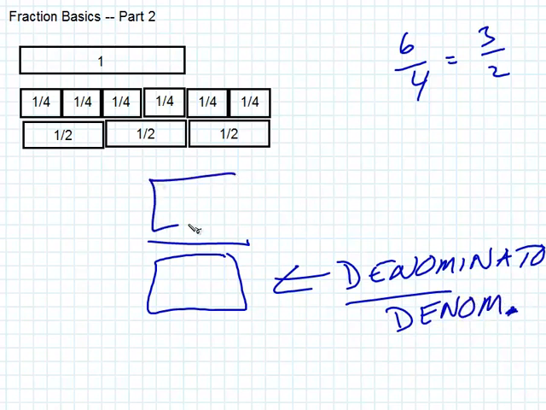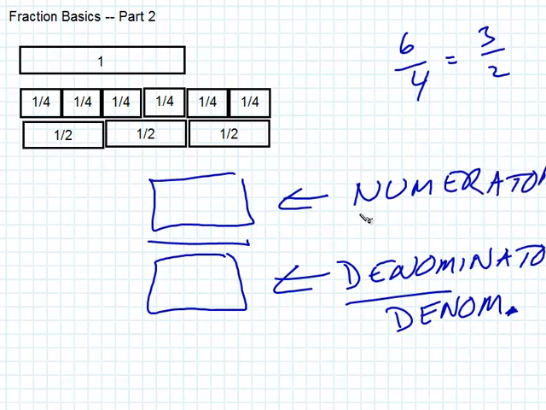And this thing on top is going to be telling you how many of them you're using. It's the numerator. If you abbreviate it, just say NUM. So you got your numerator and denominator, top number, bottom number. This is how many, this is how big they are, and that makes up your fractions.